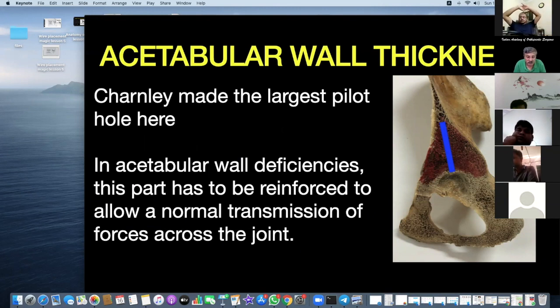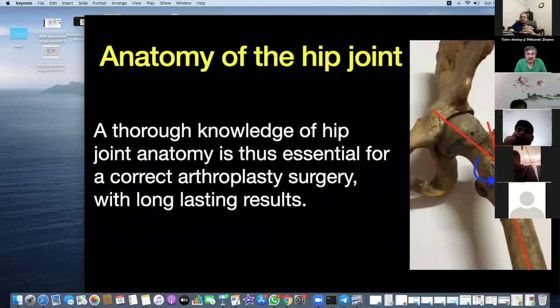In acetabular wall deficiencies, this part has to be reinforced to allow a normal transmission of forces across the hip joint. A thorough knowledge of hip anatomy is thus essential for correct arthroplasty surgery with long-lasting results.